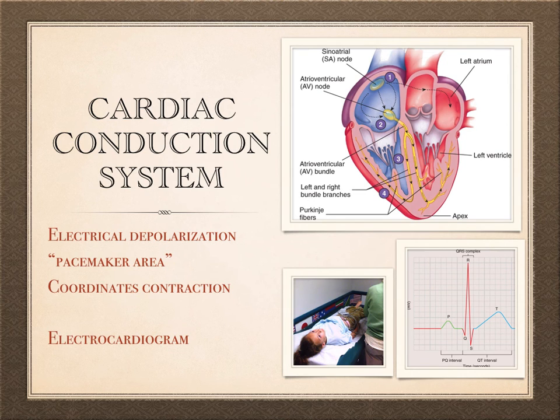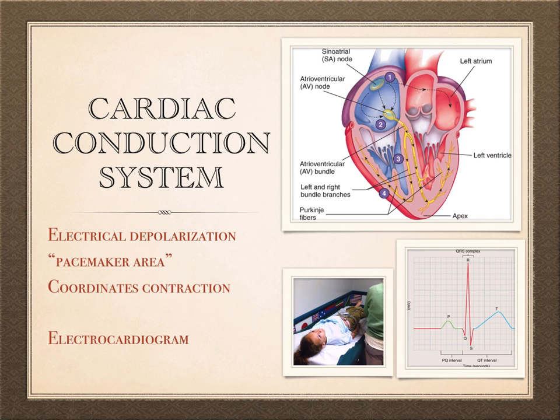It's self-regulating. We can assess the health of this system with an electrocardiogram, which is just a recording of this electrical activity. And it generally happens, the electrical activity just slightly precedes the contraction. And you can see here the 3 peaks, the P wave, the QRS complex, and the T wave.